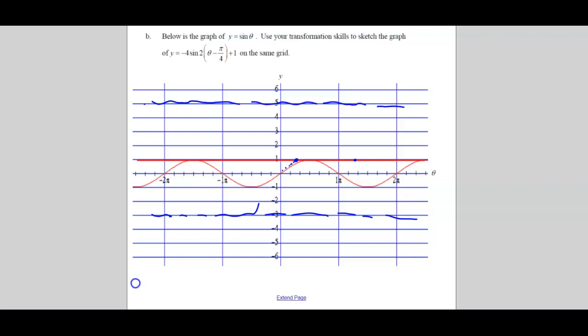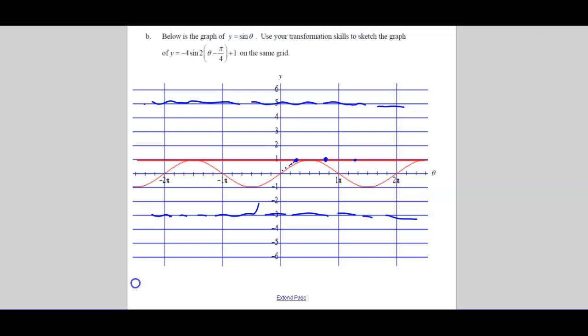You could even put little pencil marks to know that you're never going to go above or below that. You have to get a complete cycle in here. Halfway in between this point and this point, plot across the midline.